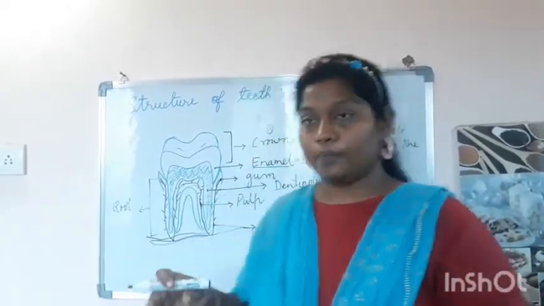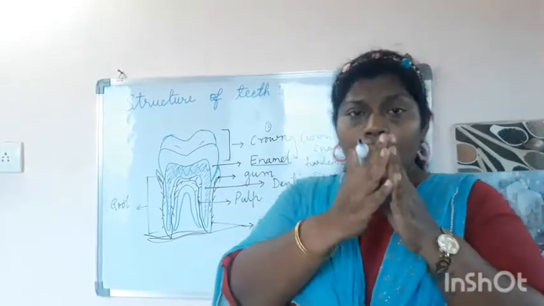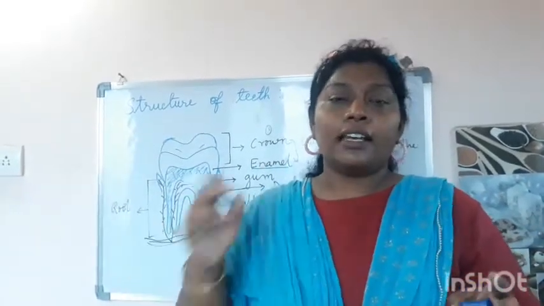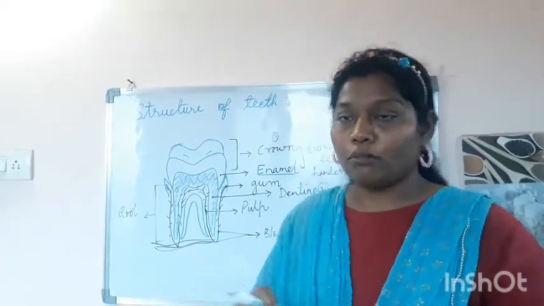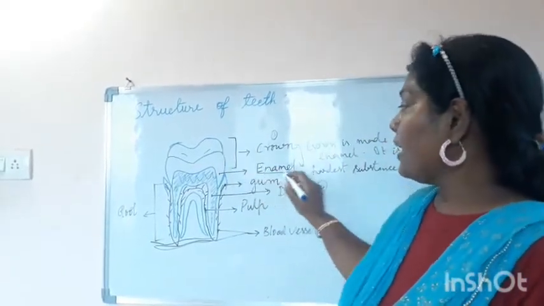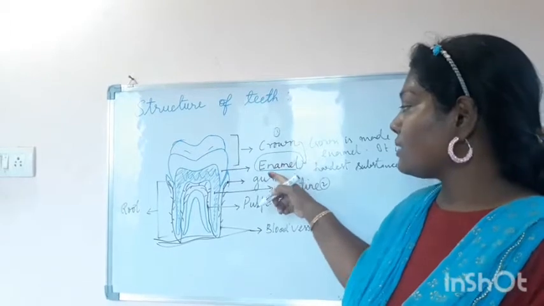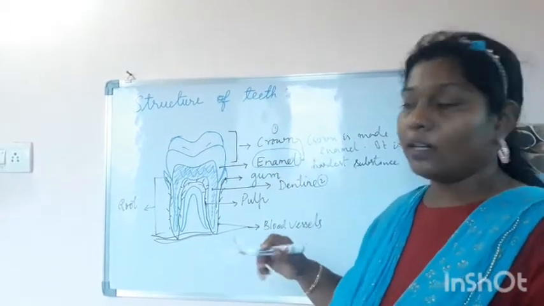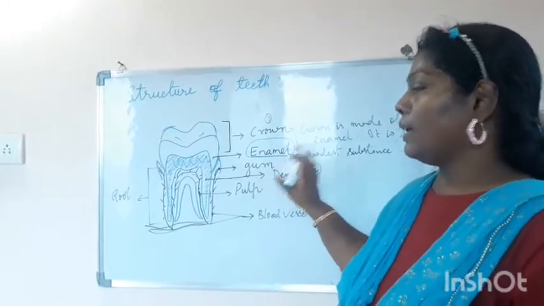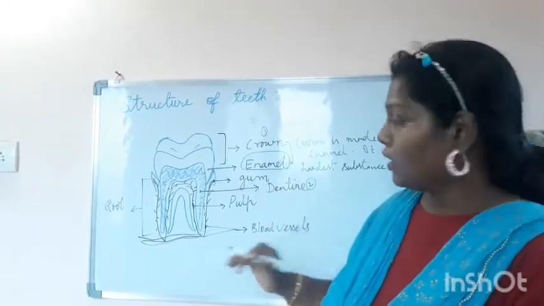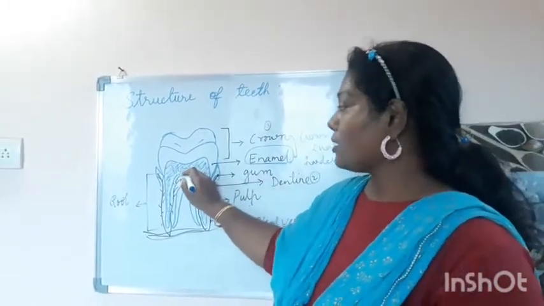We can learn about that later. But for all these years the teeth are useful for us, so they have to be very strong. So this crown is made up of the substance called enamel. E-N-A-M-E-L. Enamel. Okay. Now we'll go to the second part.